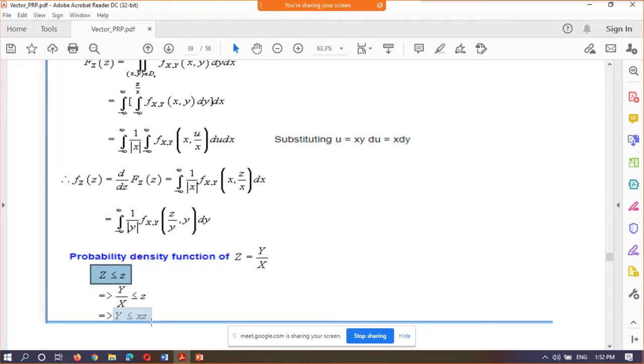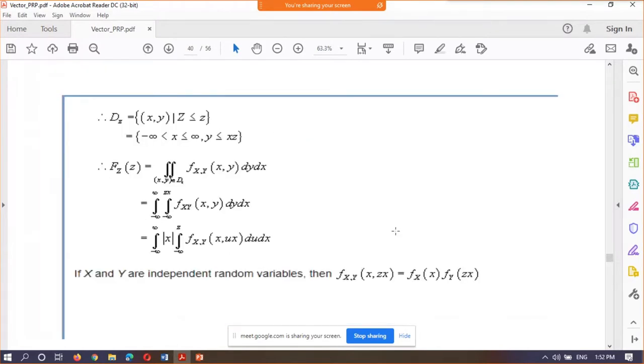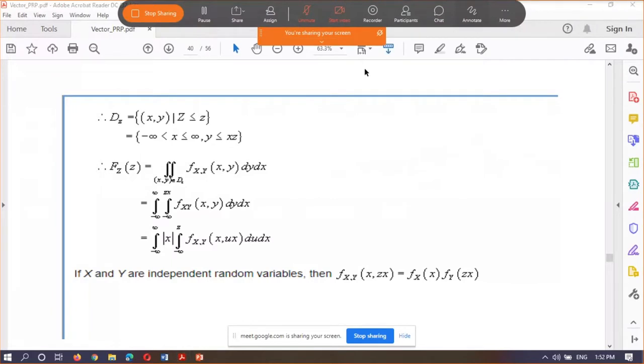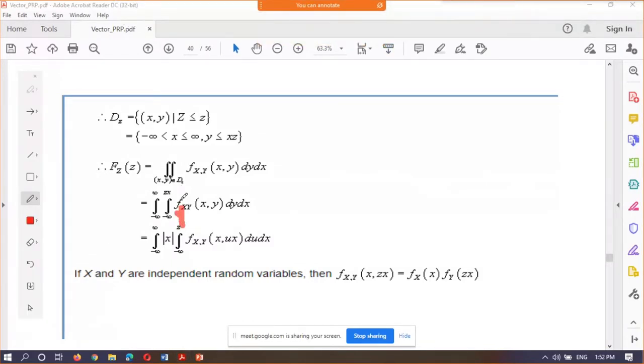So you have to collect those points of y which are less than xz. Here again you can see y is moving from minus infinity to zx, because if y takes a value more than zx, it cannot belong to this dz, and x is taking minus infinity to plus infinity.